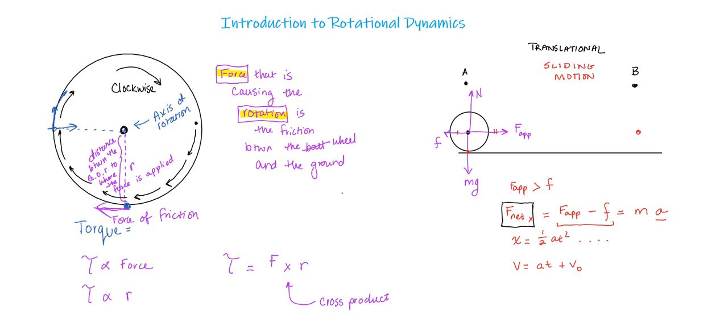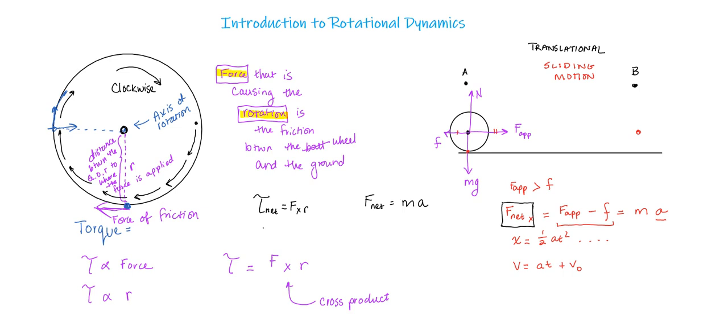Net force, in the most general sense, equals mass times acceleration. Net torque, one of the things we show it's equal to is force cross R, but that doesn't look very similar to this.